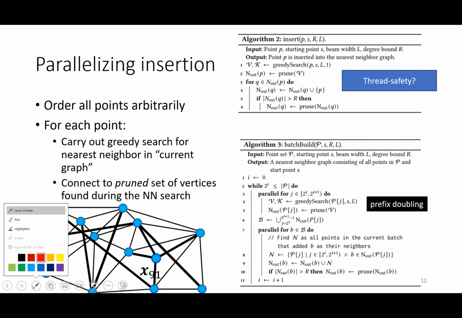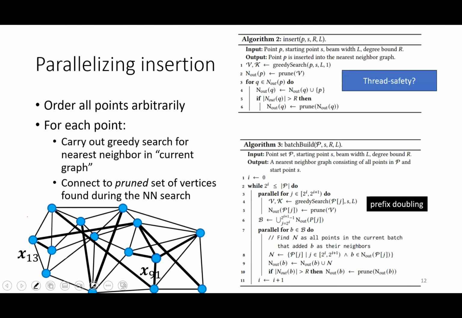Yusuke told you in slow motion. I'm going to do it a little bit faster. So you have your point here that you want to insert. You start somewhere, and then you carry out some kind of greedy search. You visit some nodes, you stop at a certain point, then you prune your edges, and then maybe this is what you end up with. This was the insertion of a single point.